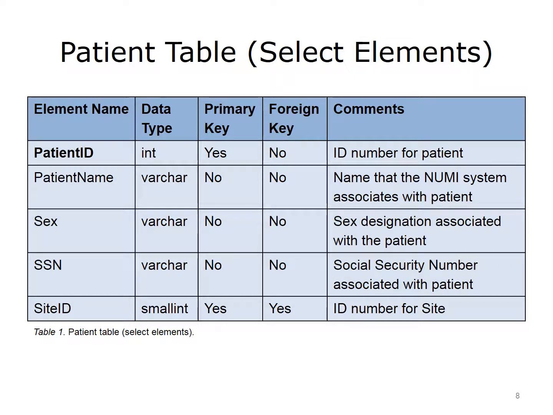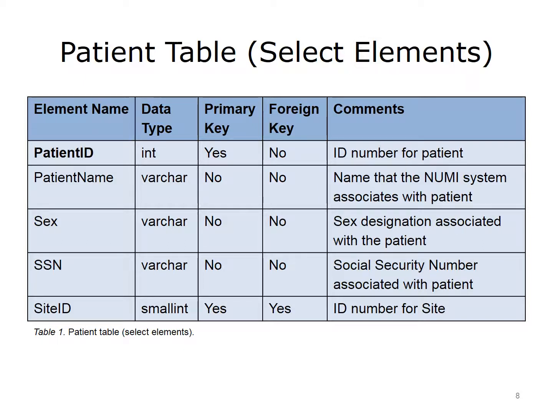Sex is often stored as a single character in medical applications instead of as a varchar. The final field is another integer that stores the ID number for the site. The data type is referred to as small int, which is an integer that uses fewer bits than a regular int. This ID is a primary key and foreign key from the site table.